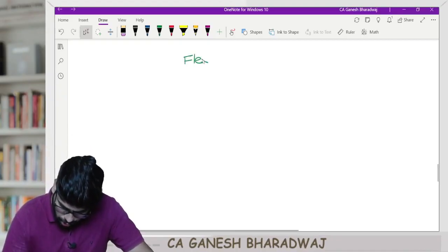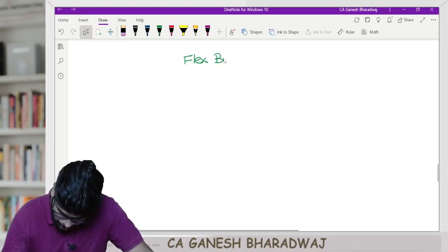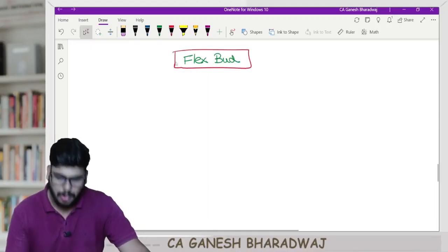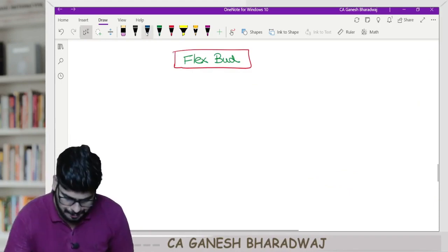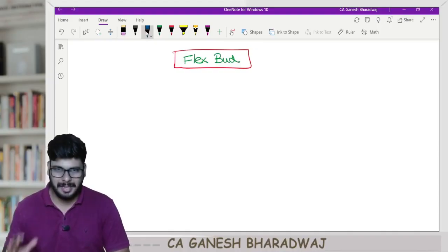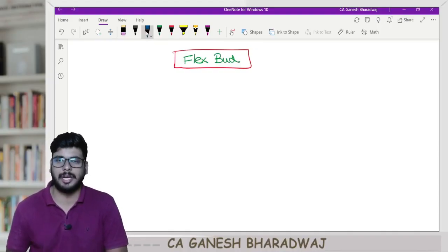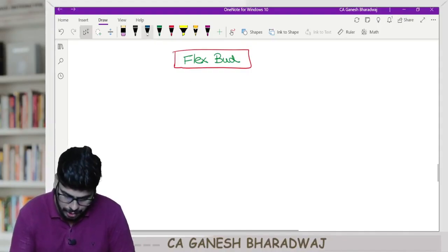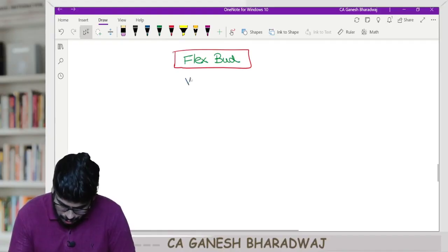In this concept of flexible budget, what do we have here? Basically, this area revolves around the cost behavior pattern. So when I say cost behavior pattern, we are talking about your variable cost and fixed cost.